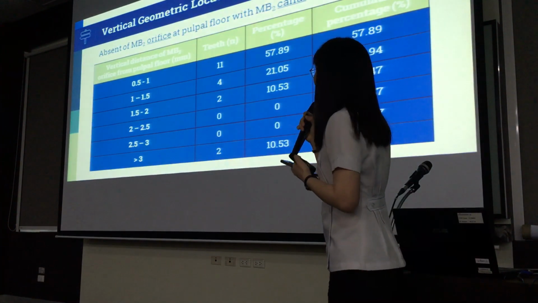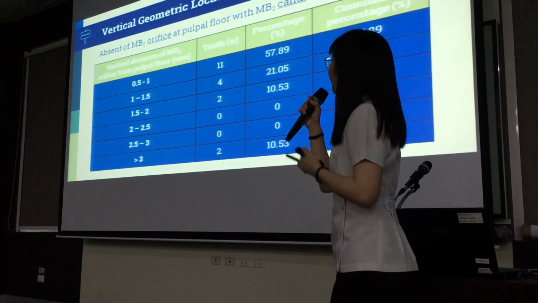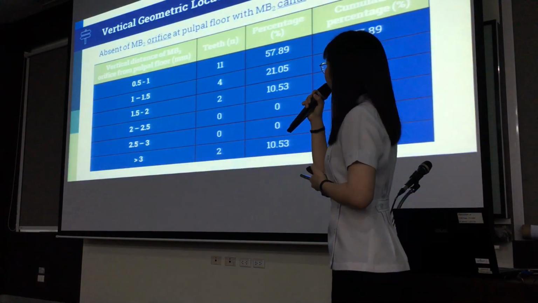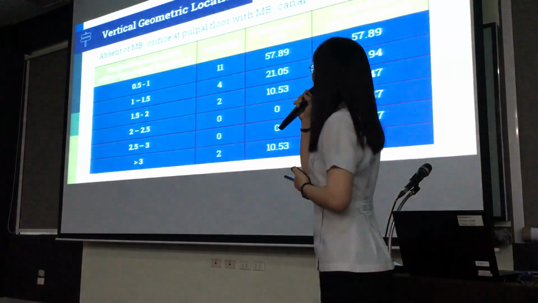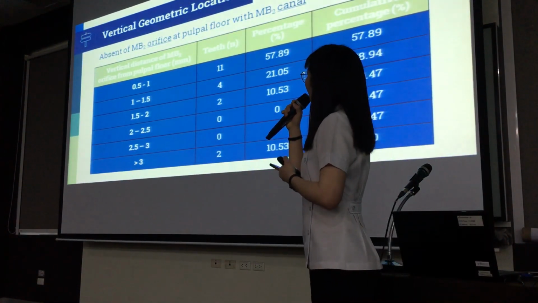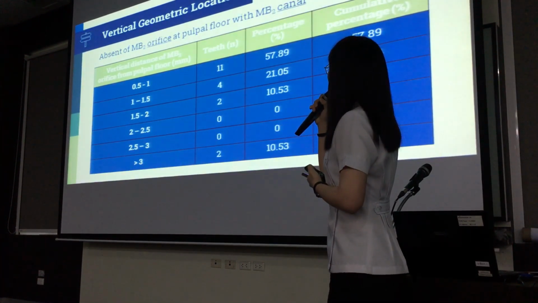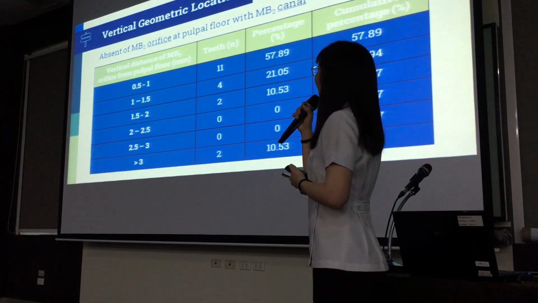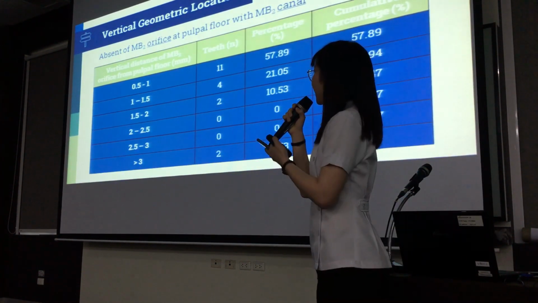For this group, about 58% were found beneath the pulpal floor level within 1 mm. Another 21% were found within 1.5 mm, and another 10% within 0.5 mm.